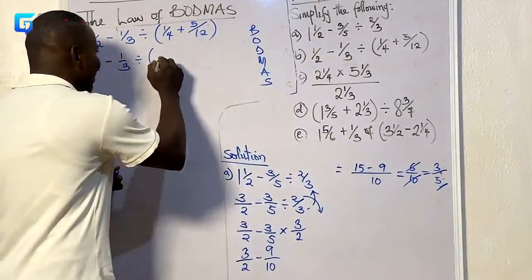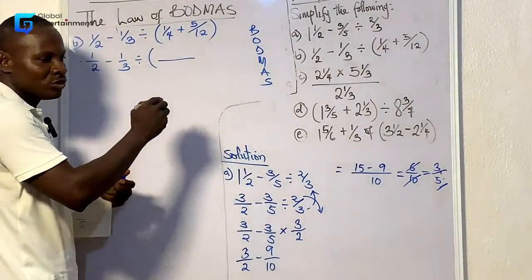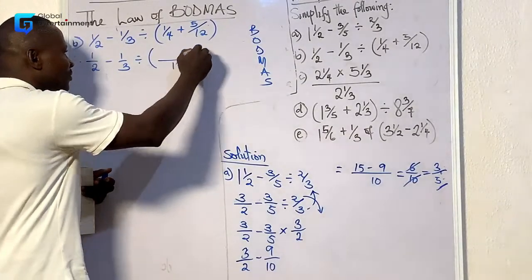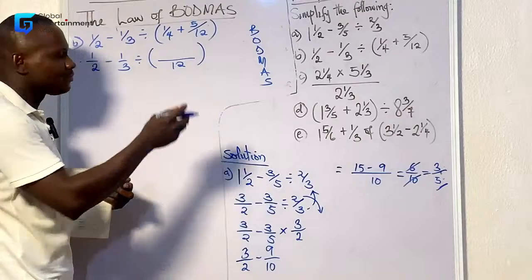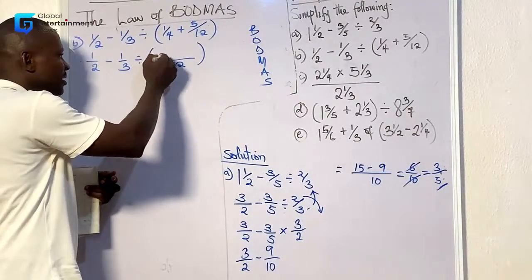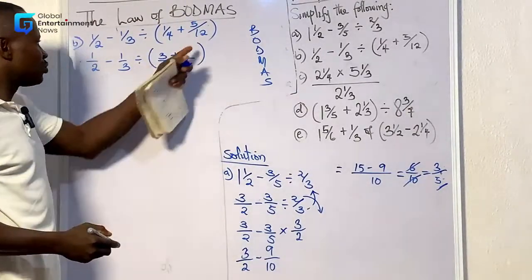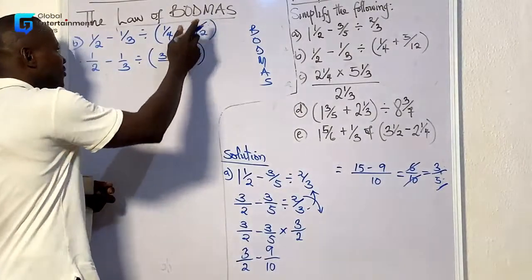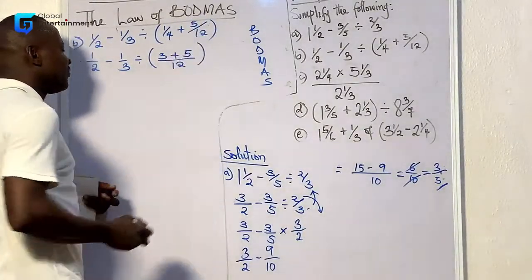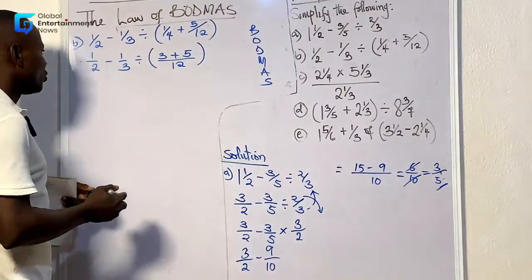What is the LCM of these denominators? 12. Bracket. 4 in 12 is 3. 3 times 1 is 3. Plus 12 in 12 is 1. 1 times 5 is 5.